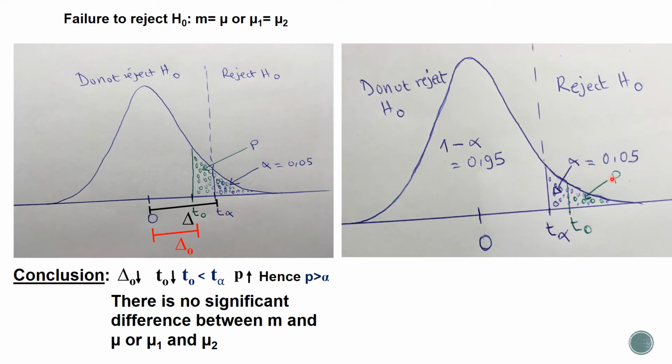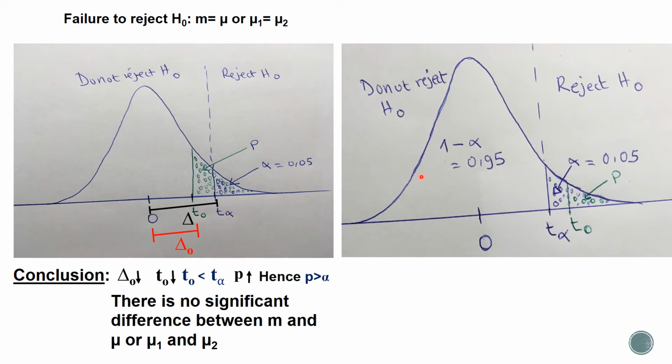So in other words, our confidence level is 95%, that is, 1 minus 0.05, and that gives us a probability of 0.95 if the null hypothesis is true.